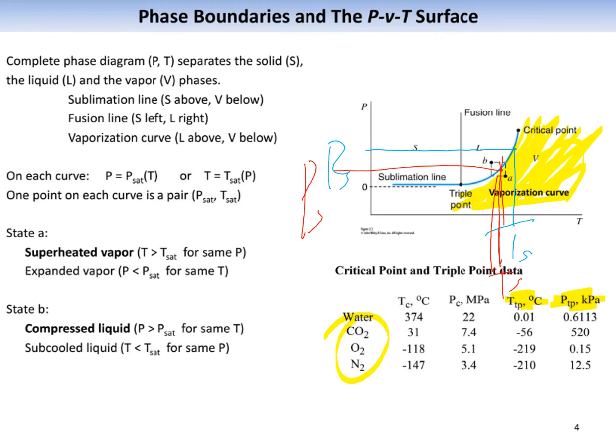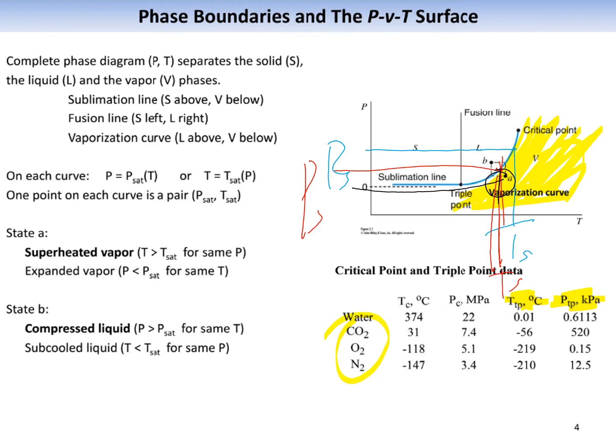Now, what will happen if we decrease the pressure? Our system will move from this point downward over here, and this is the region of superheated vapors. So if we have a system and pressure is lower than the saturation pressure, then the vapors exist in the form of superheated vapors.